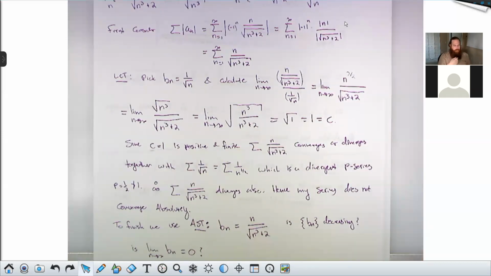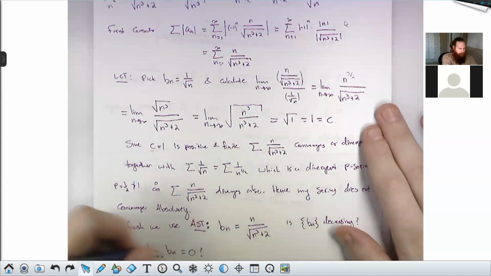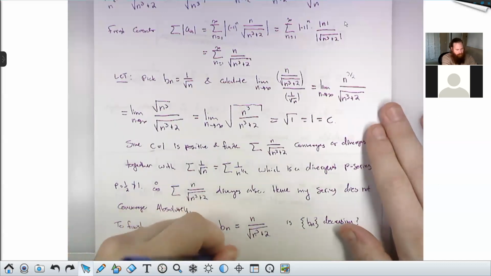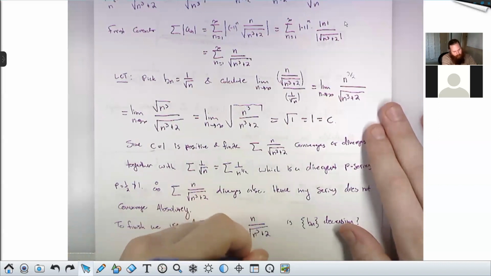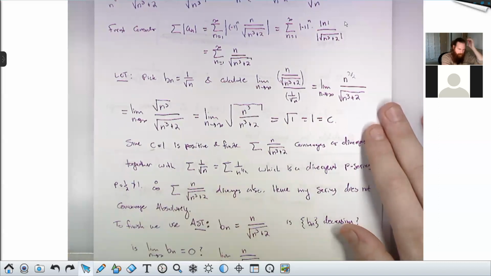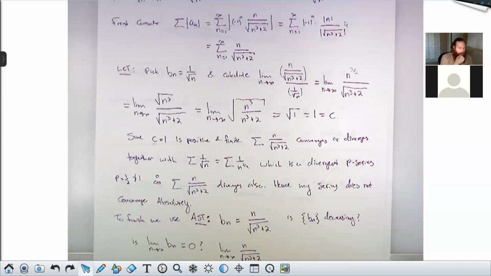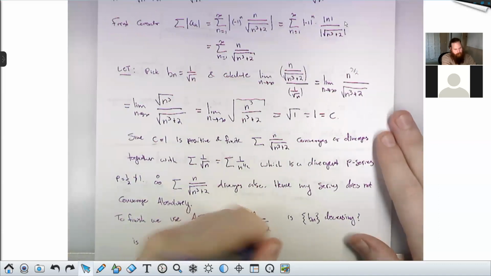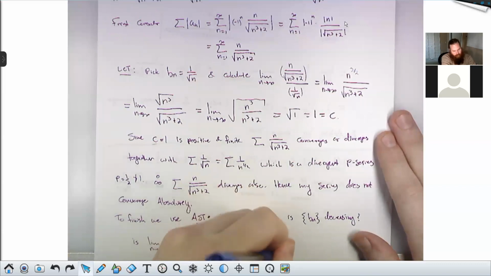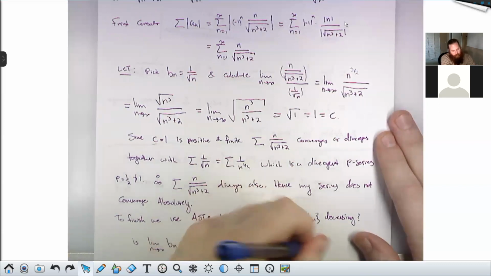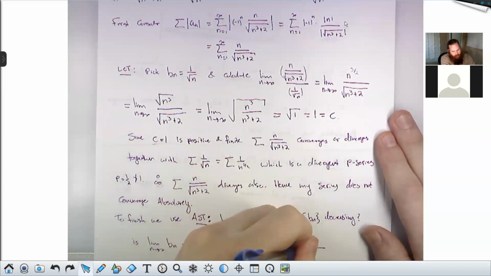The answer to the second question is a clear yes. So let's knock him out. Lim n to infinity, n over the square root of n cubed plus 2. I can divide top and bottom by n. The numerator will become 1, and the denominator is the square root of n cubed plus 2 times 1 over n.